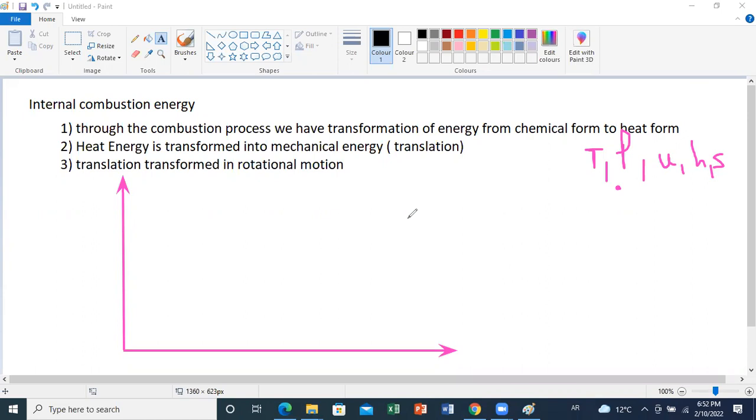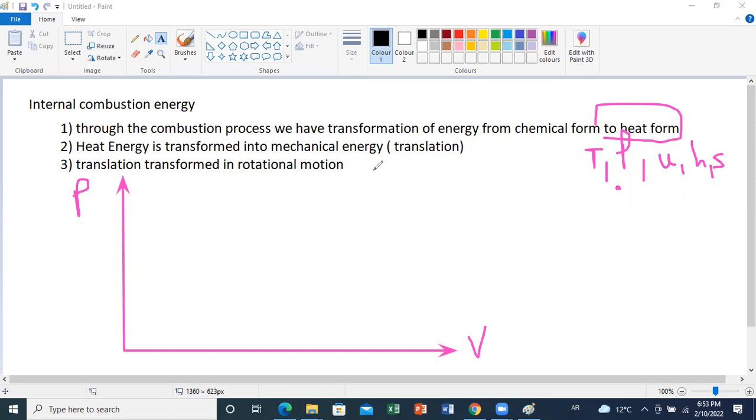Now, if we want to simplify things to see how we transform the heat energy into mechanical energy, how can we see this in a plot of pressure versus volume? Let us try to illustrate the different processes. You have seen in chapter 2 that we have different types of processes.